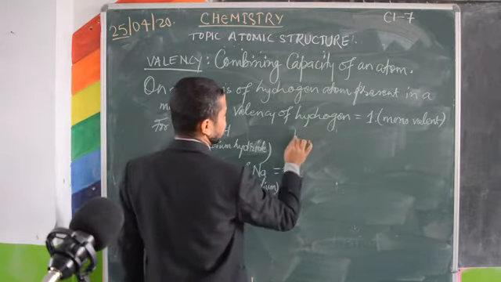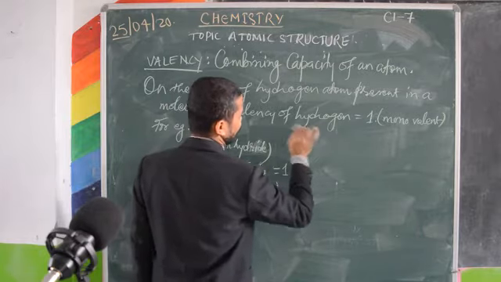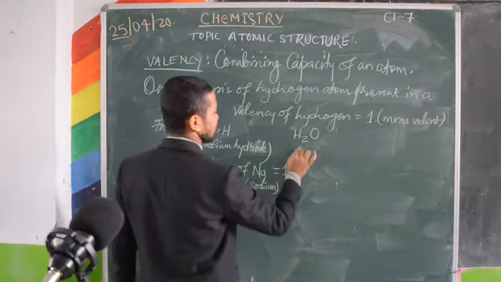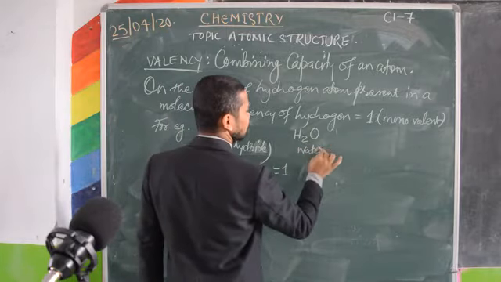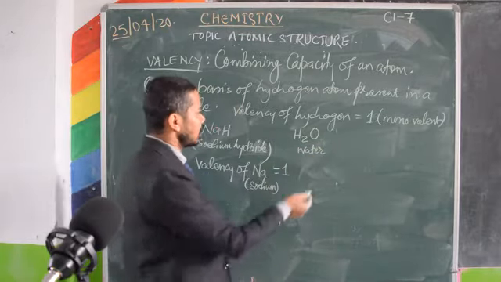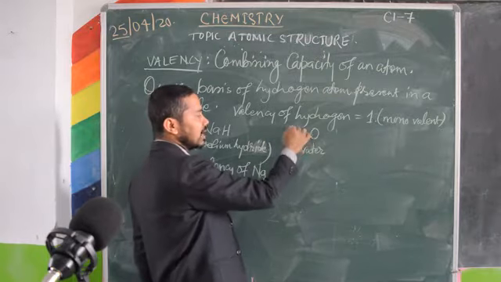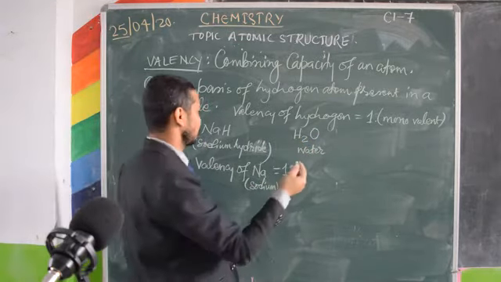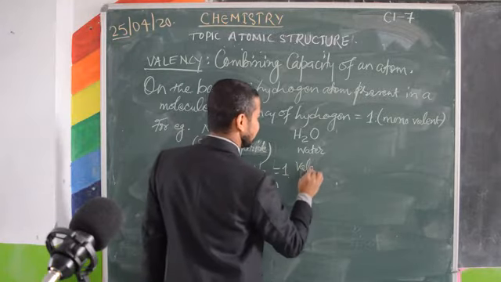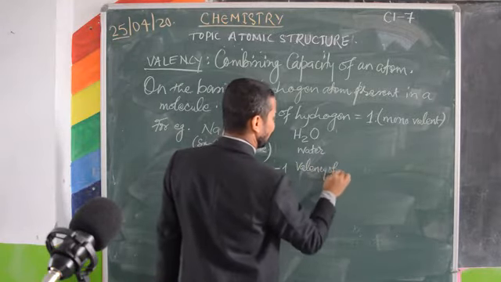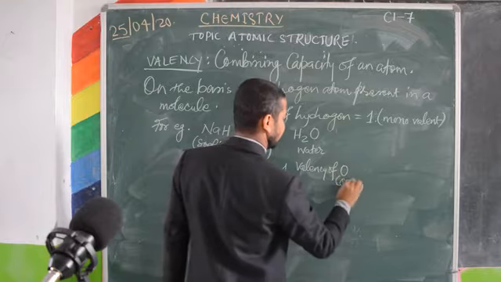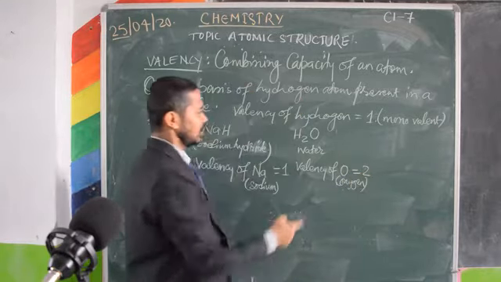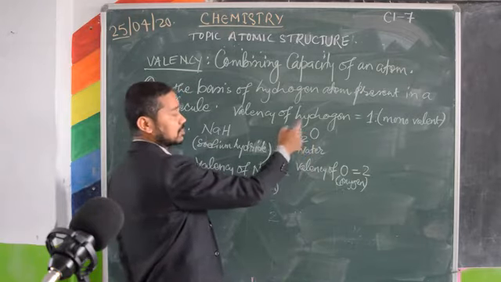Again, if I write H2O, this is water, and oxygen is combined with how many hydrogen atoms? 2. So the valency of oxygen is 2 because it is combining with 2 hydrogen atoms.